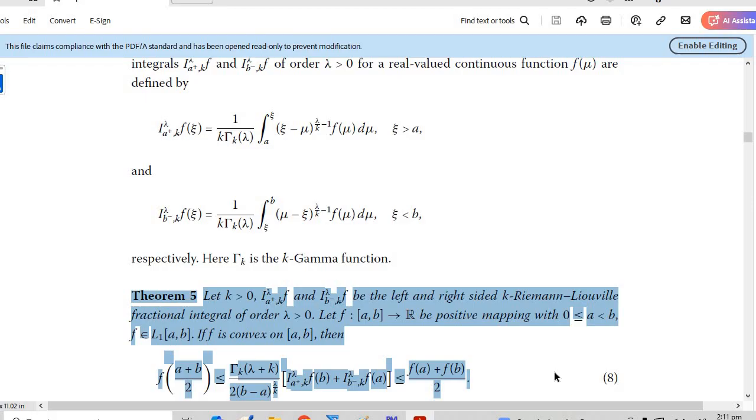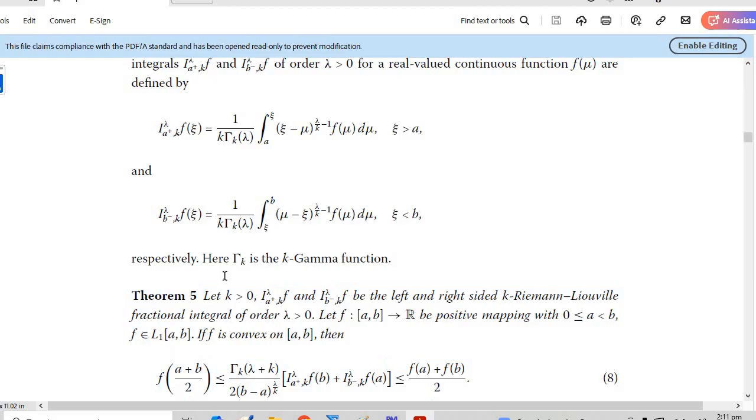For k greater than 0, these are the left-sided and right-sided Riemann-Liouville fractional integrals, and lambda greater than 0 is the order of the Riemann-Liouville fractional integrals. We have f from [a, b] to R, a positive mapping, with the condition that f is integrable.